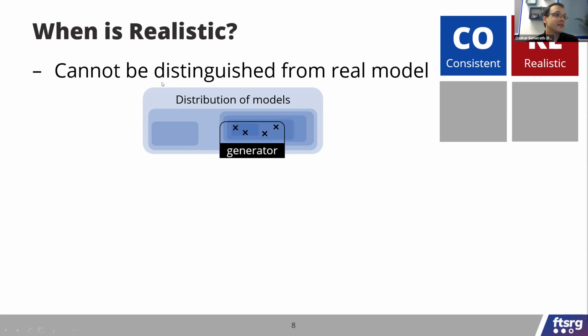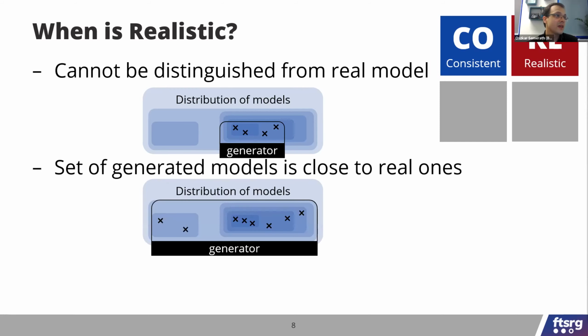So we say that a generator is realistic if it generates models that are following the distribution of real models. Additionally, we can check the distribution of multiple models, and we can say that the set of generated models is realistic if the set is close to a set of real models as well.